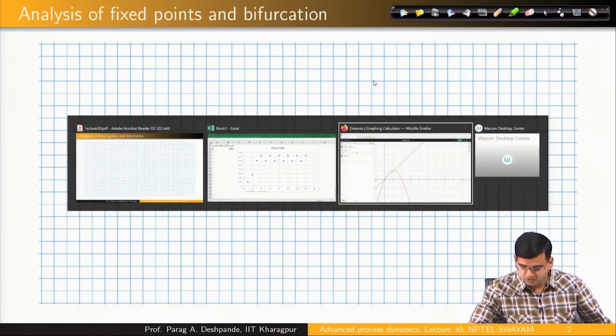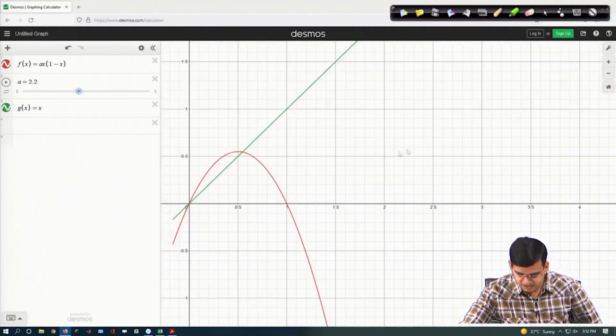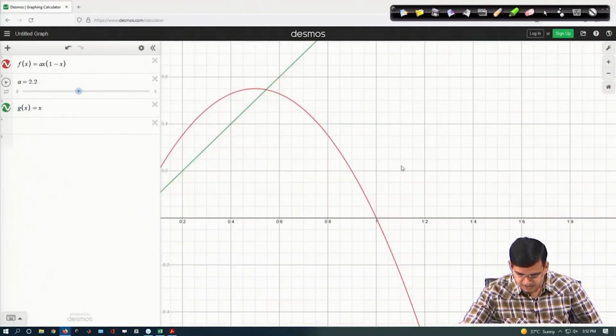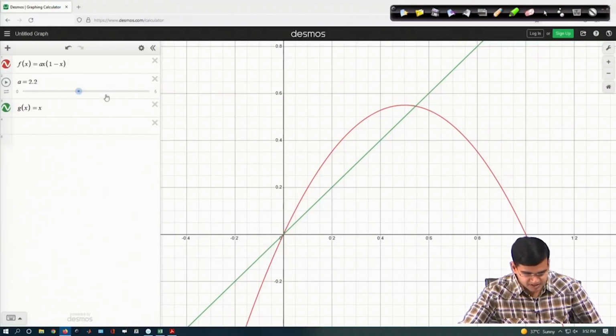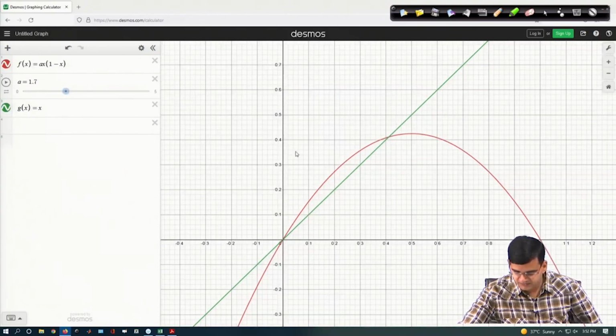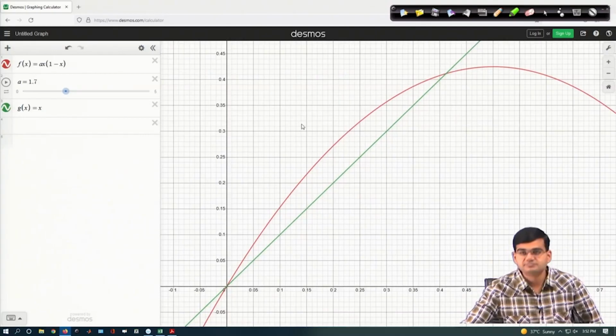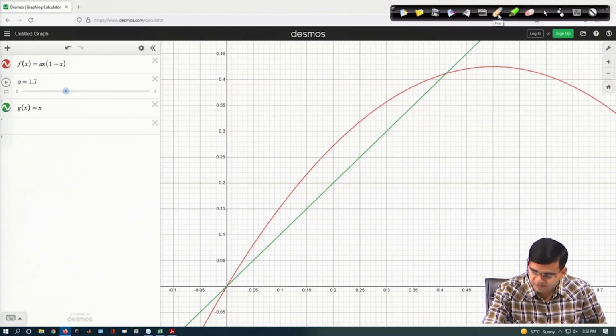So, I will go to the logistic equation. Let me expand it and set the value of this to, say, 1.7, which is good enough. So, I have two fixed points here: my first fixed point is this, my second fixed point is this.